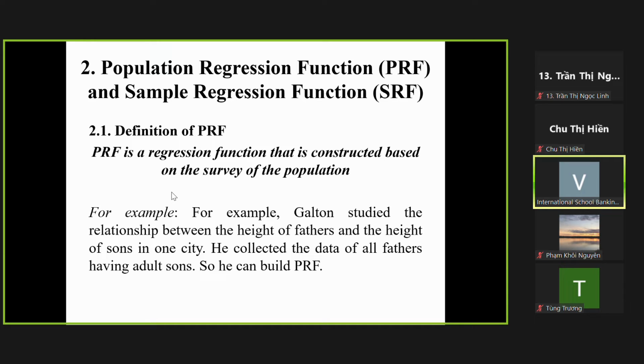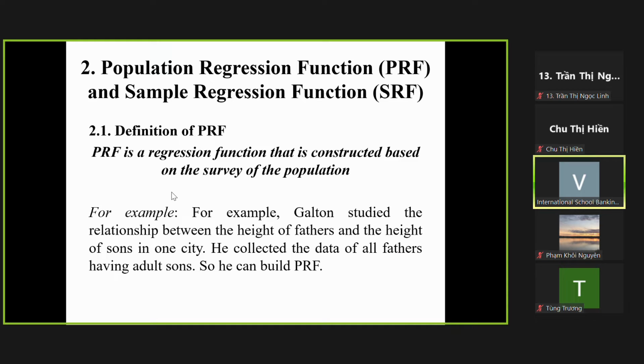Okay, so depending on whether we can observe the population or a sample, we can set up a PRF or an SRF. For example, first we study the PRF, the population regression function. So assume that we can observe the whole population. That means we can set up a population regression function.